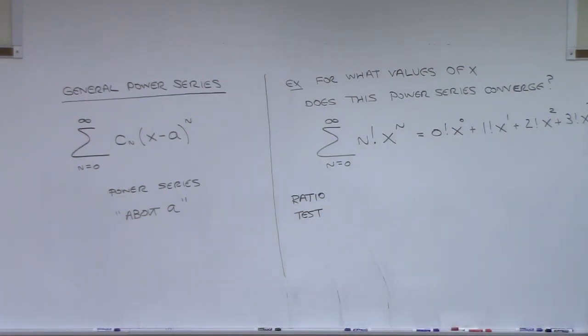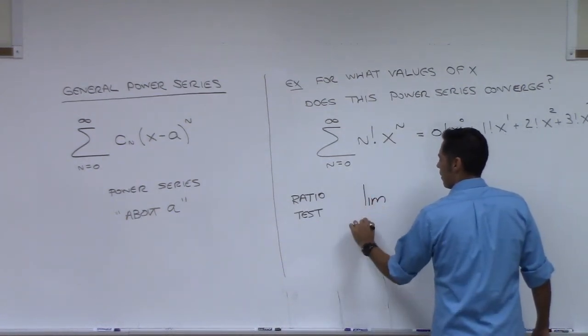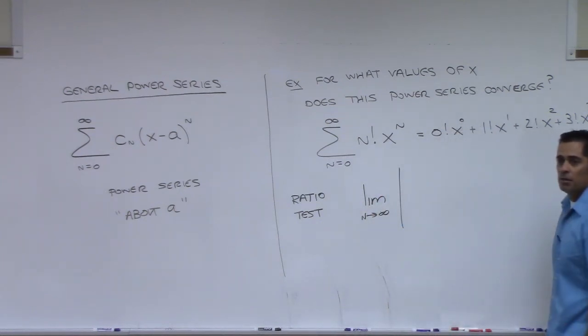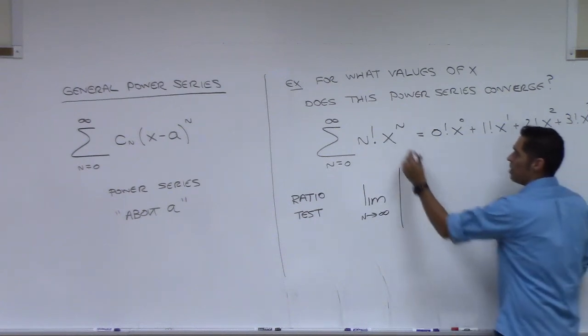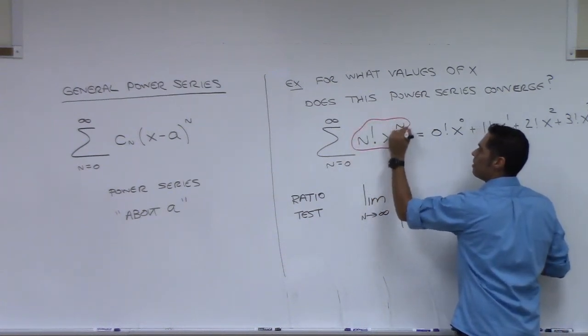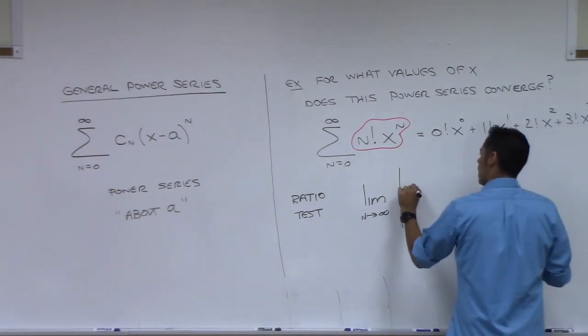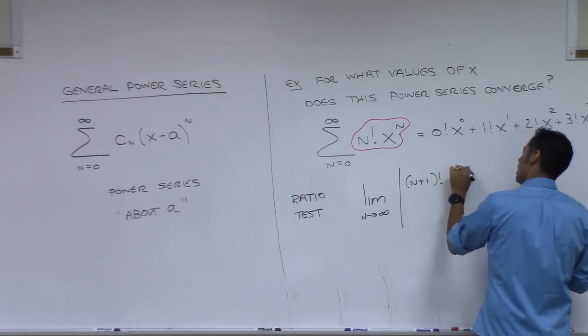Okay, so what does the ratio test say? We need to take the limit as n goes to infinity of a ratio, right? Which is going to be this expression with what plugged in for n? N plus 1. So I'm going to write that down. N plus 1 factorial x to the n plus 1.